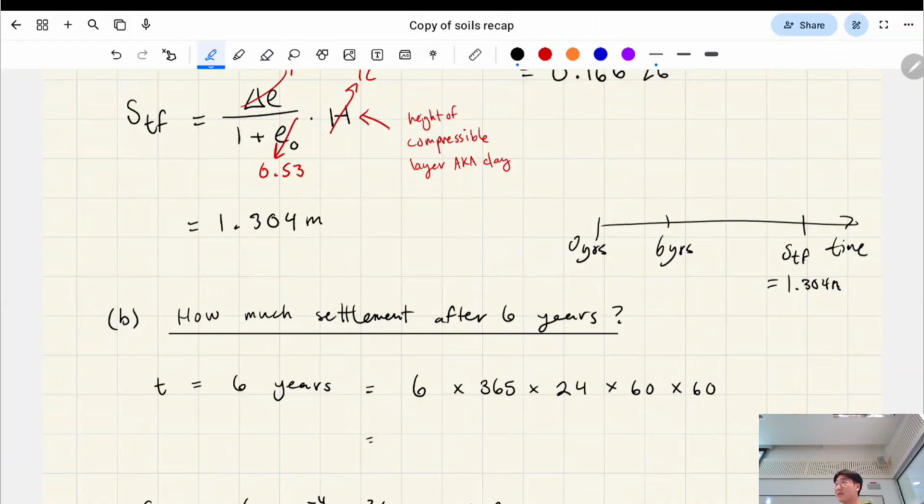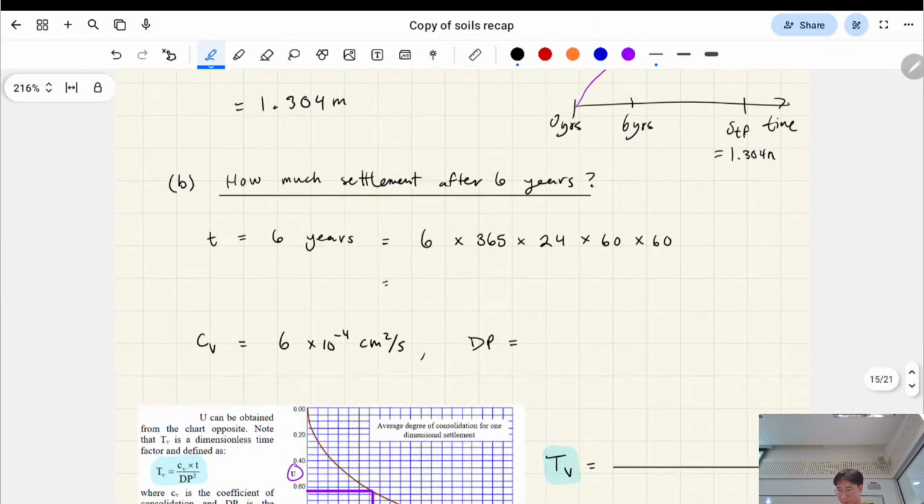So after 6 years, you'd expect that to be a little less. Probably most of the settlement will happen towards the start, and then it'll plateau out. But we still have to calculate what that settlement will be at the 6 year mark. That's what the question is asking for. Does that make sense?